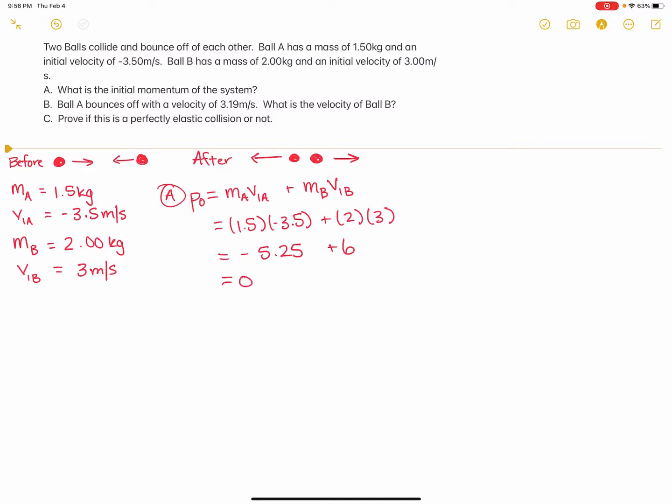Okay, so we're going to get 0.75 kilograms meters per second is our initial momentum.